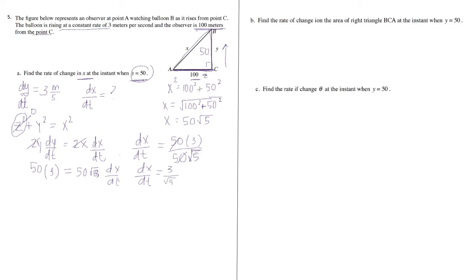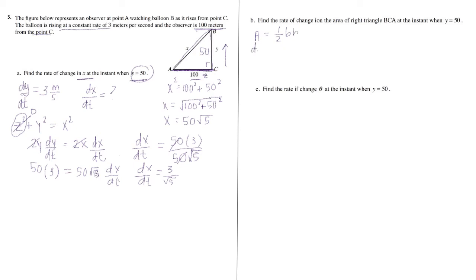All right, let's see what else is in store for us with this problem. Okay, so now we've got to find the rate of change in the area of the triangle the instant when y is 50. Oh, okay. Well, let's see. The area of a triangle is 1/2 base times height.